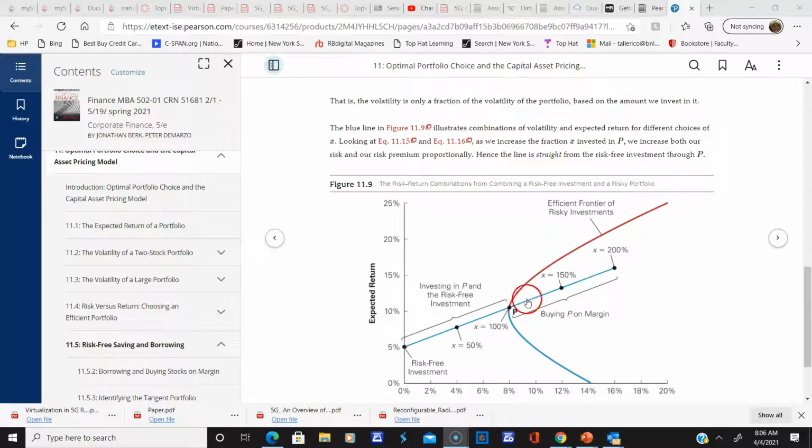So buying on margin may increase my expected return from this curve, right? This is the inefficient frontier, but here's the efficient frontier of risky investments. So while this may improve my inefficient frontier, it still doesn't give me as much as my efficient frontier here.